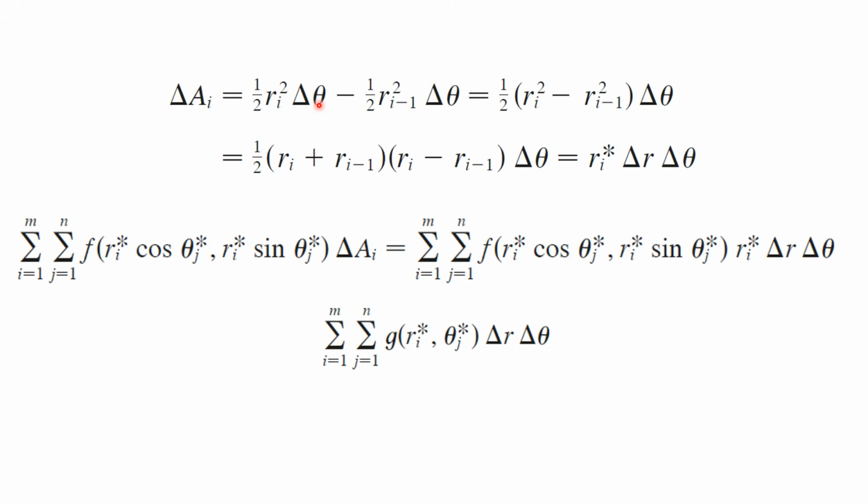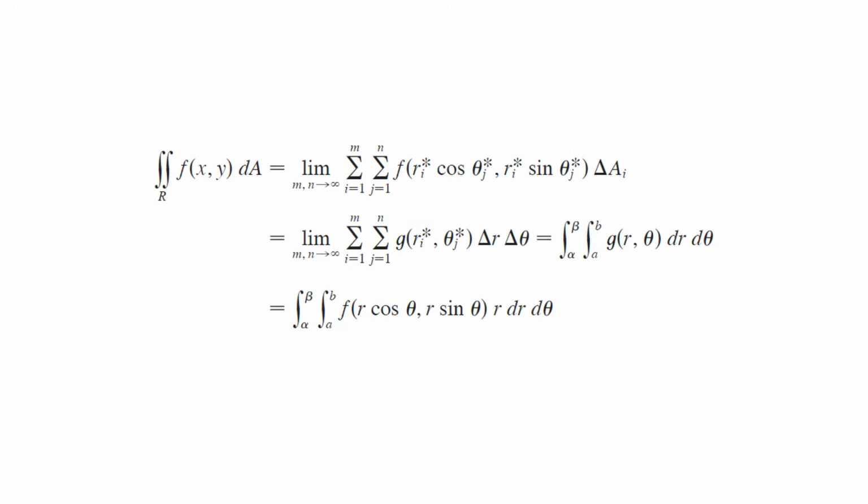In this case, the Riemann sum for the double integral would be the integral from alpha to beta of the integral from a to b of g of r theta dr d theta. Therefore, we could have this.